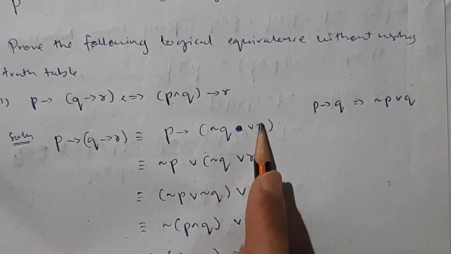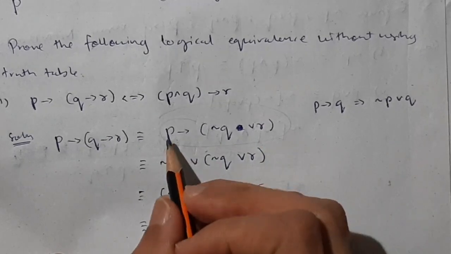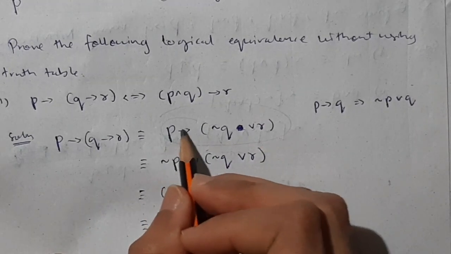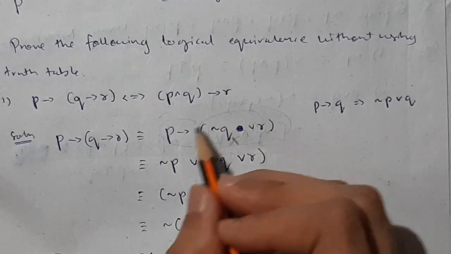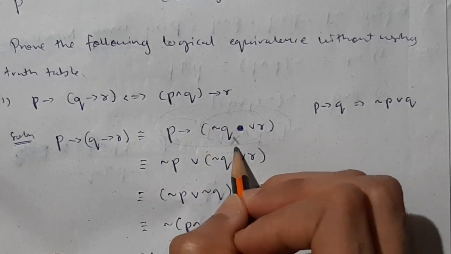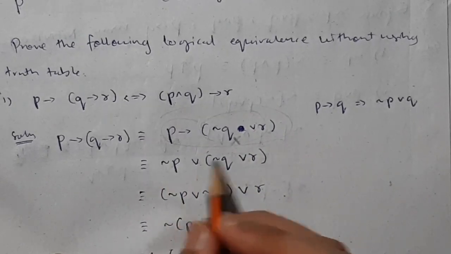Okay, you will get this. Then take this whole thing as a conditional. Suppose this is P conditional X here. If this whole is taken as X, then what is P conditional X? That is NOT P OR X, right? That's written in this form.